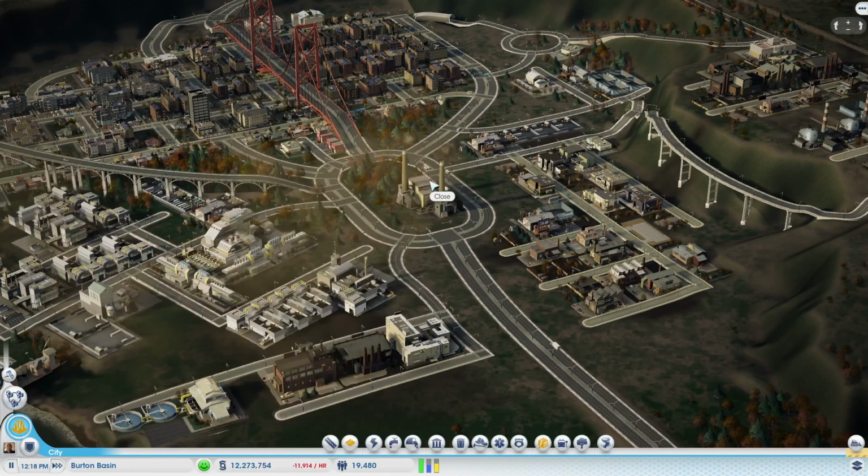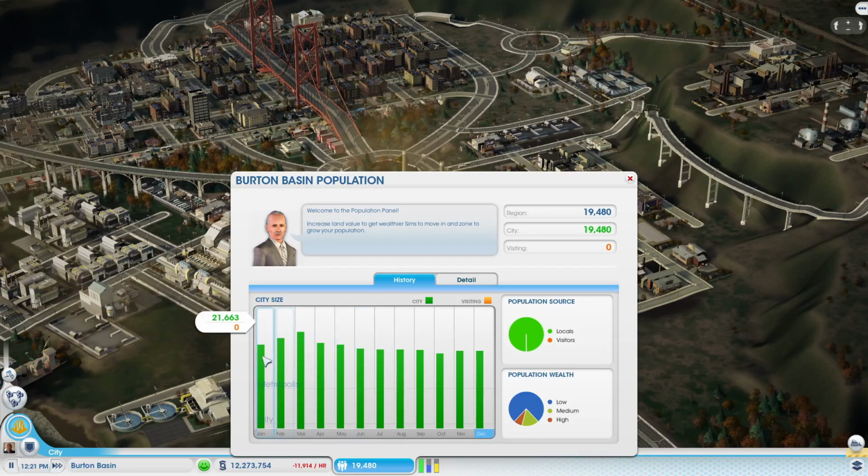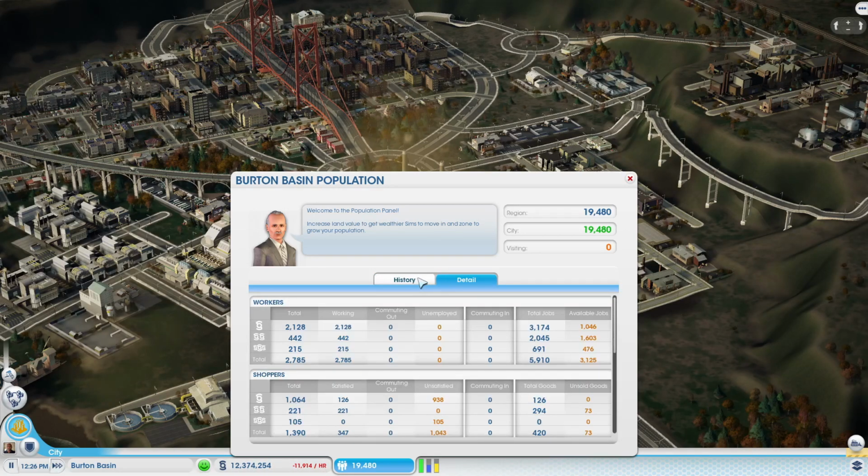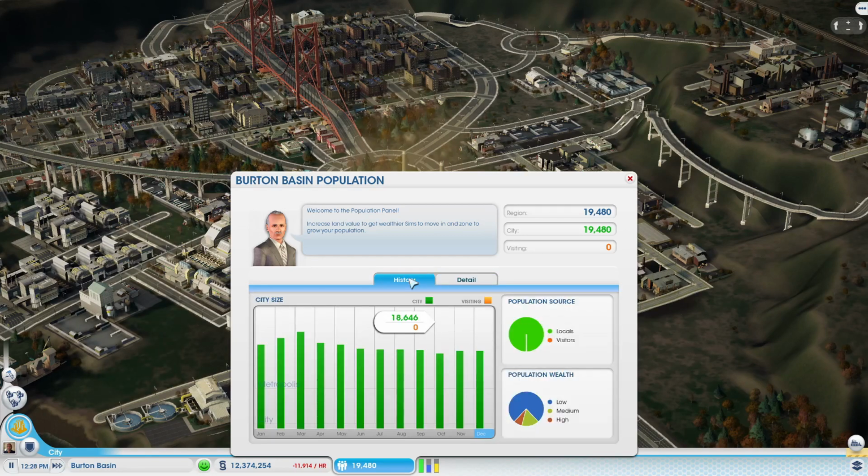Are there things that you can be doing from a tax rate point of view? Are there any trends that you're noticing? Are there sharp ups and downs with the city? And then, of course, you can look at whether or not there are available jobs. I like to have a surplus of available jobs.